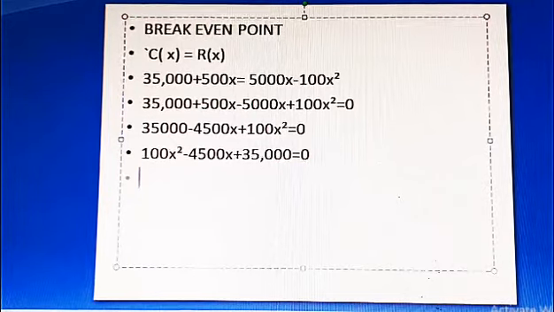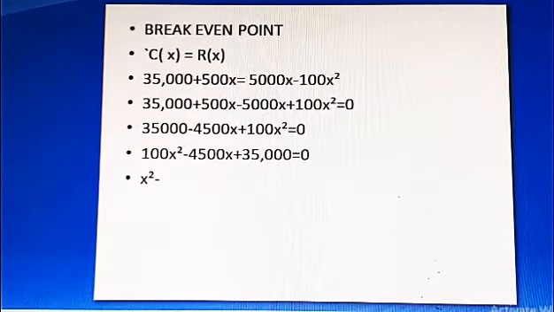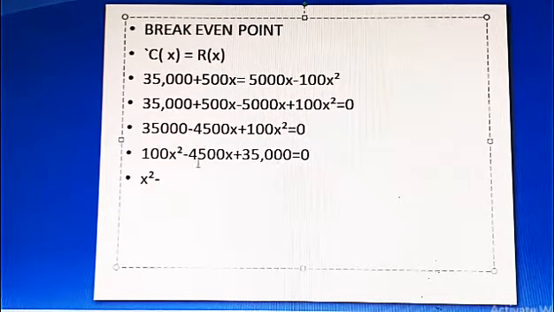So when I divide by 100 throughout, 100 divided by 100 will give you only x square. Alright, minus 4500 divided by 100 will give you minus 45. Correct? 4500, check in the calculator, you'll get minus 45. Then plus 35,000 divided by 100 will give you positive 350.